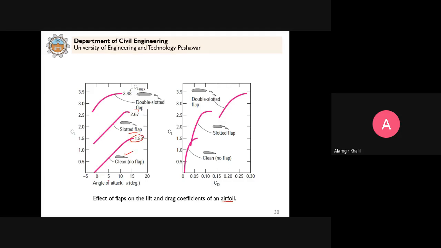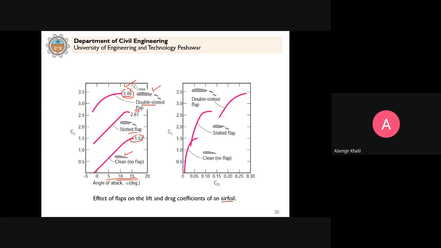And this is the angle of attack that we discussed. But if you look here at double slotted flaps, which you commonly see in the aeroplanes, as you saw in the picture before, the lift coefficient is increased to 3.48, 3.5 we can say, from 1.5 to 3.5 because of this arrangement.